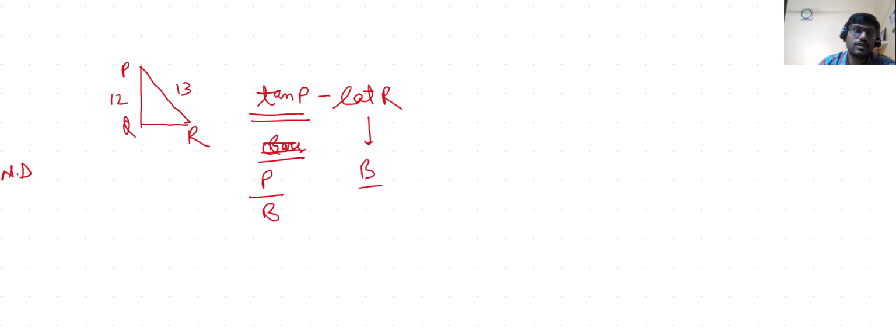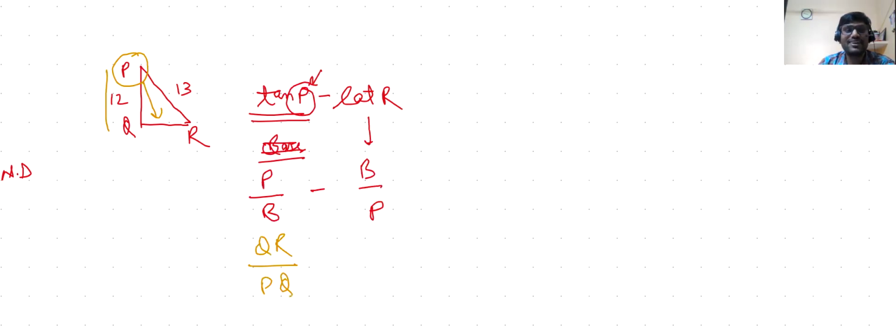So the tan ratio is written according to P. In front of P is the perpendicular, QR, divided by the base, PQ.